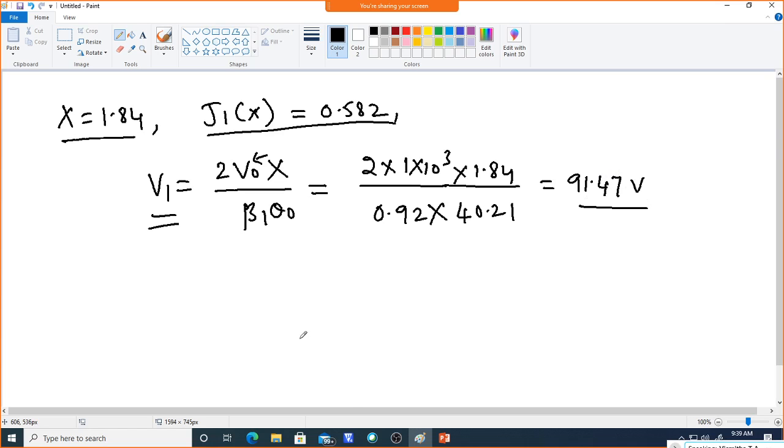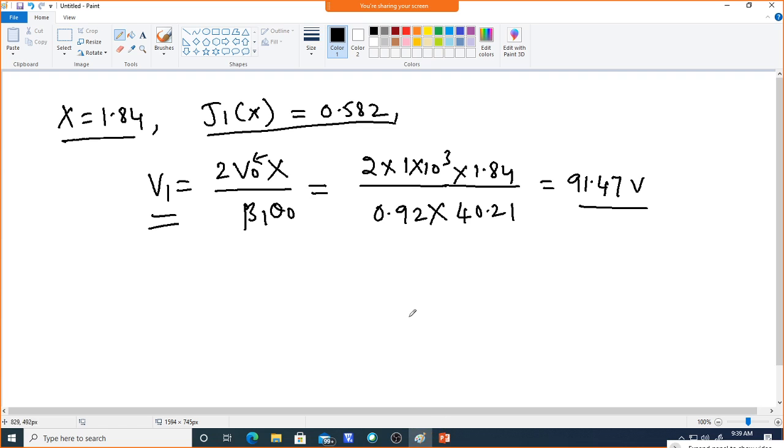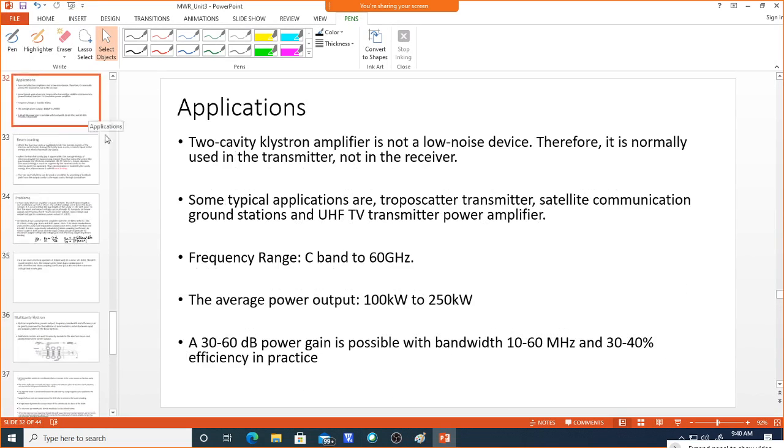Now we need to calculate the voltage gain and efficiency. The voltage gain is given by V2 by V1, the output voltage by the input voltage.